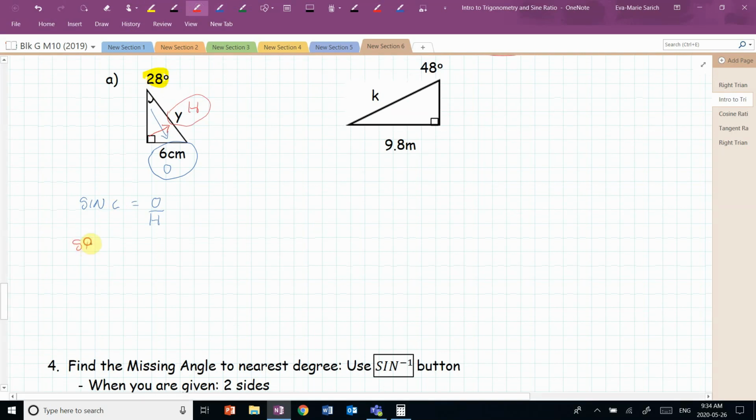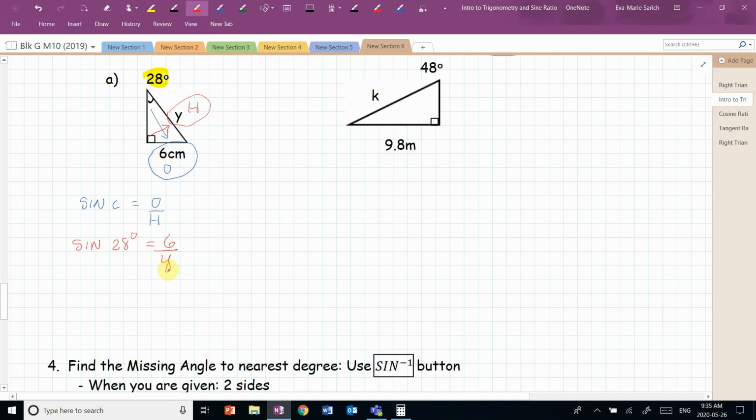So the sine of 28 degrees is equal to, now what's the opposite? Goes at the top. The opposite of 28 is this 6 centimeters. And the hypotenuse is our y, our unknown. Now we can't have our unknown at the bottom, okay? That's the problem here. So this makes the question a little bit more complicated.